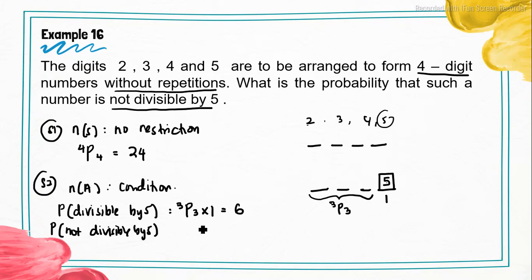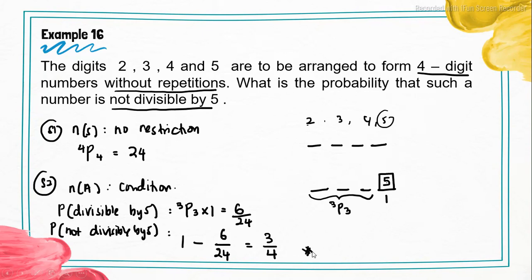So, apa yang kita boleh buat dekat sini adalah 6 over 24. Yang ini number of sample space kita. So, kalau kita nak cari ikut soalan, not divisible by 5 is 1 minus 6 over 24. So, 1 minus 6 over 24 is equals to 3 over 4.